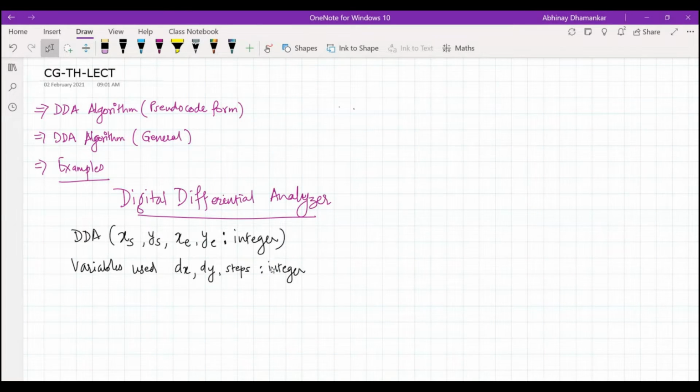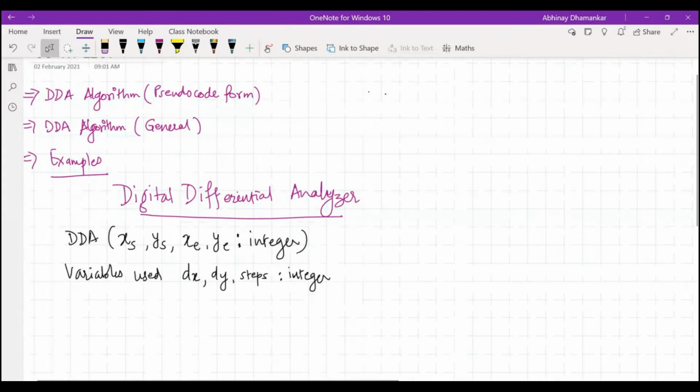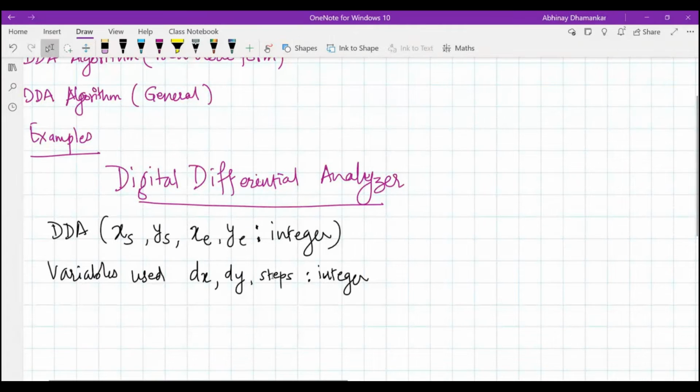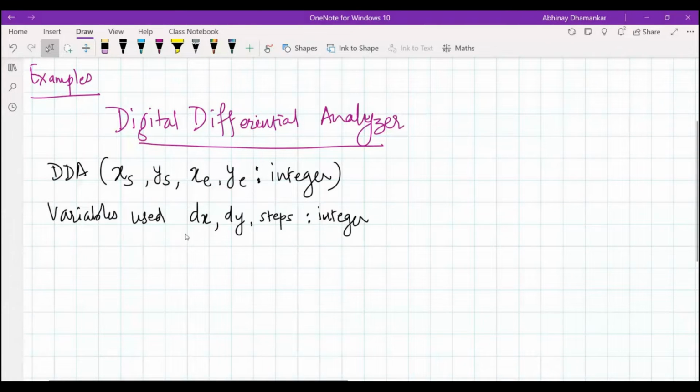And we need some kind of x increment, y increment, and we require an x variable and a y variable, of type real, or we can say float.